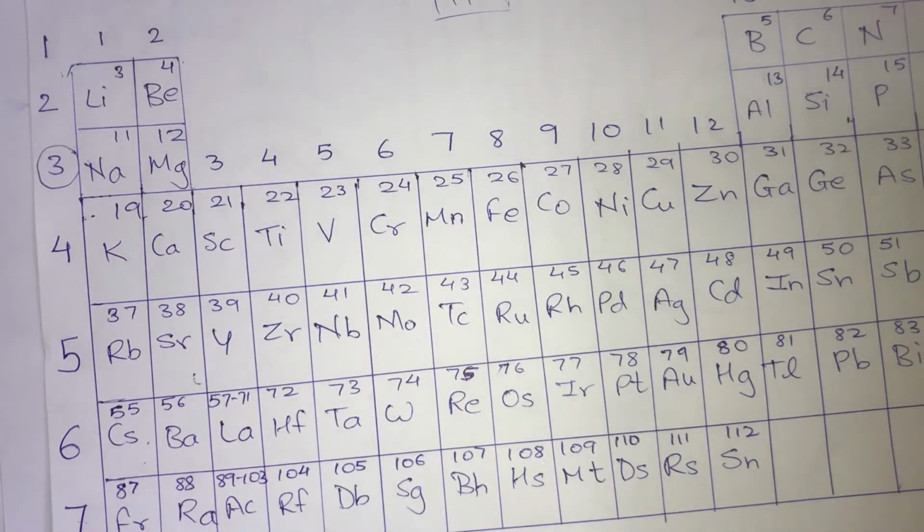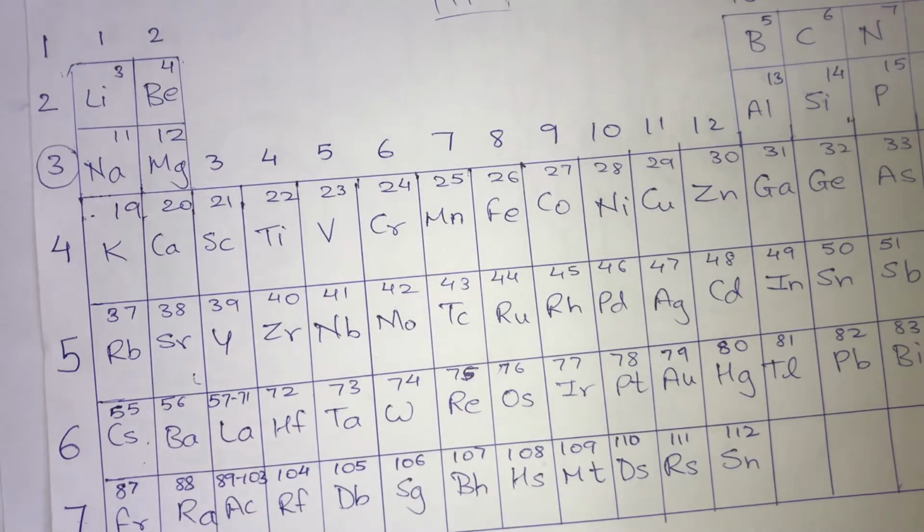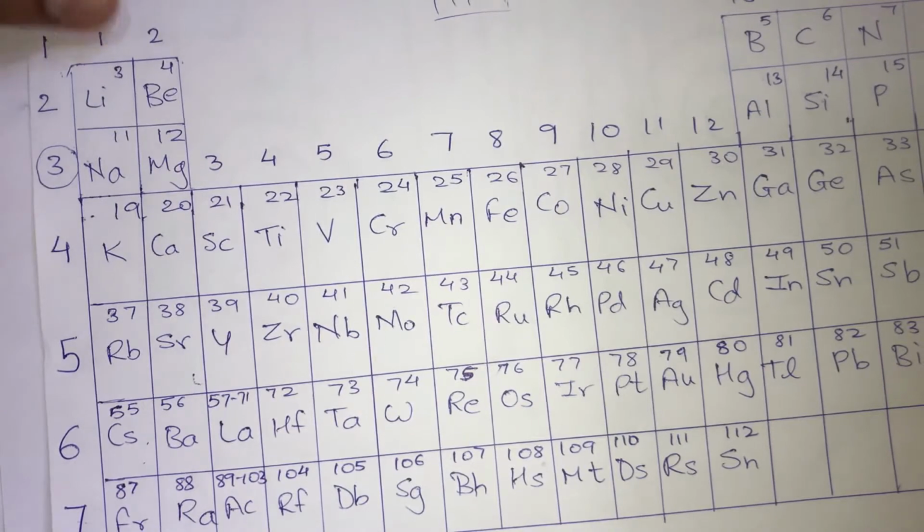Am I right? Since there is an increase in the energy level, this is going to affect the properties. How it is going to affect, we will see when we understand the properties individually afterwards. For now, you need to keep in mind that as you move along the group, there is an increment in the energy level.